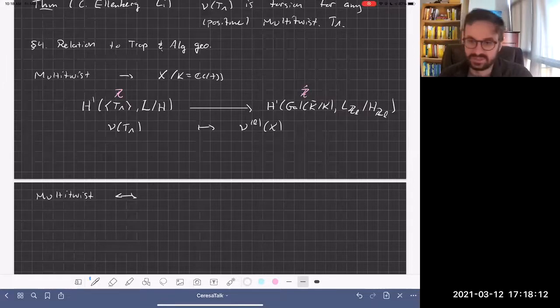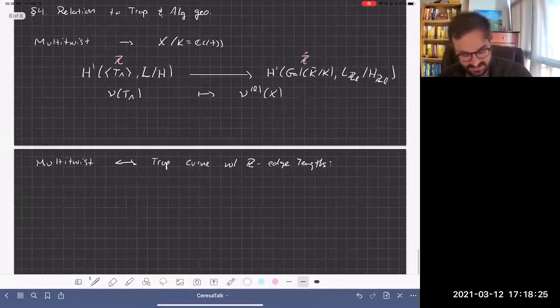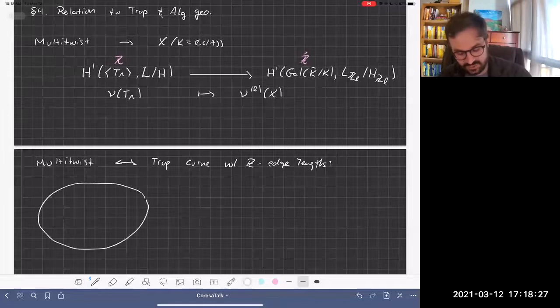So the relationship between a multi-twist and a tropical curve with integer edge lengths is similar to the picture I drew earlier.